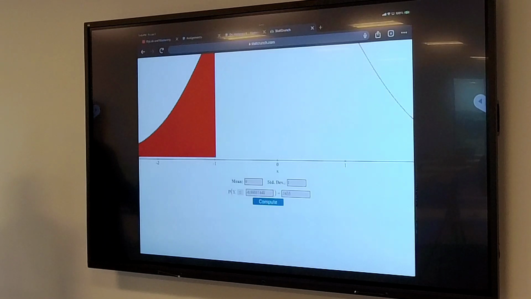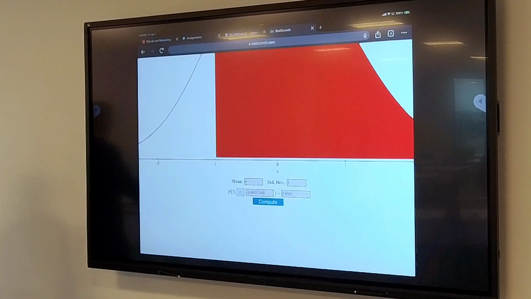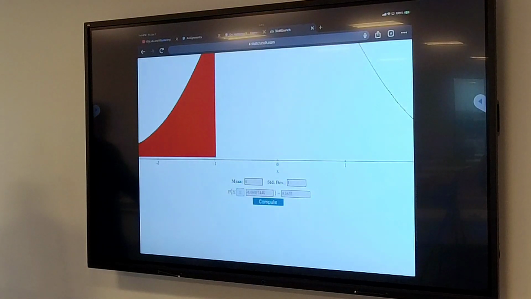But then I flip it to greater than or equal to, and it just changes the area, not the actual z-score. The area it gives you here is simply 1 minus the old area.